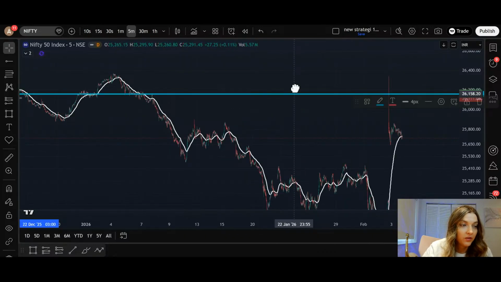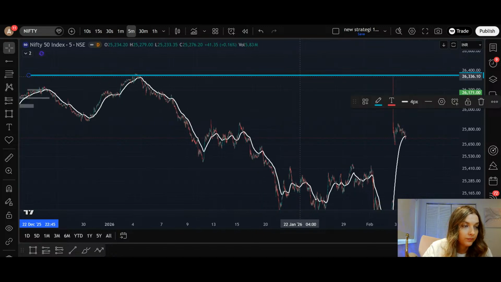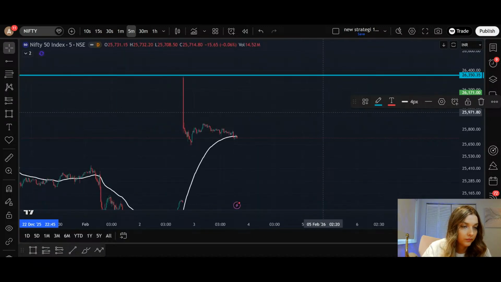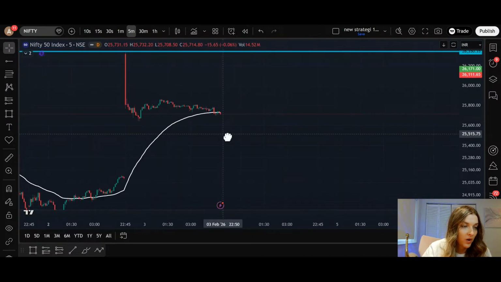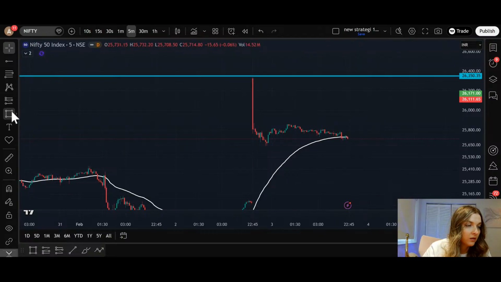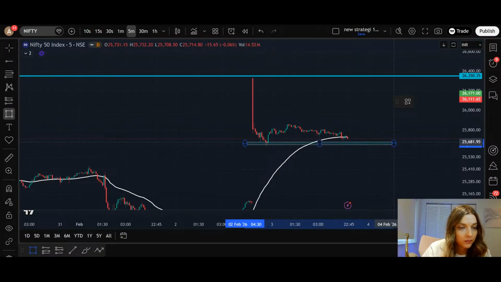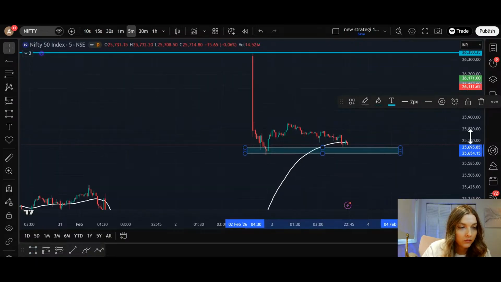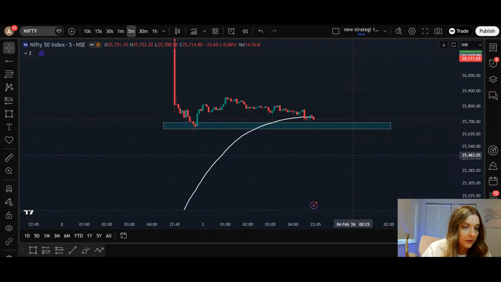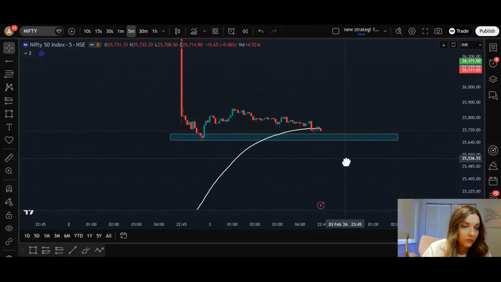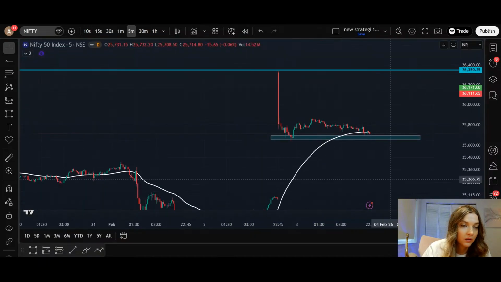Nifty 50. Right now, Nifty is consolidating. I will wait.